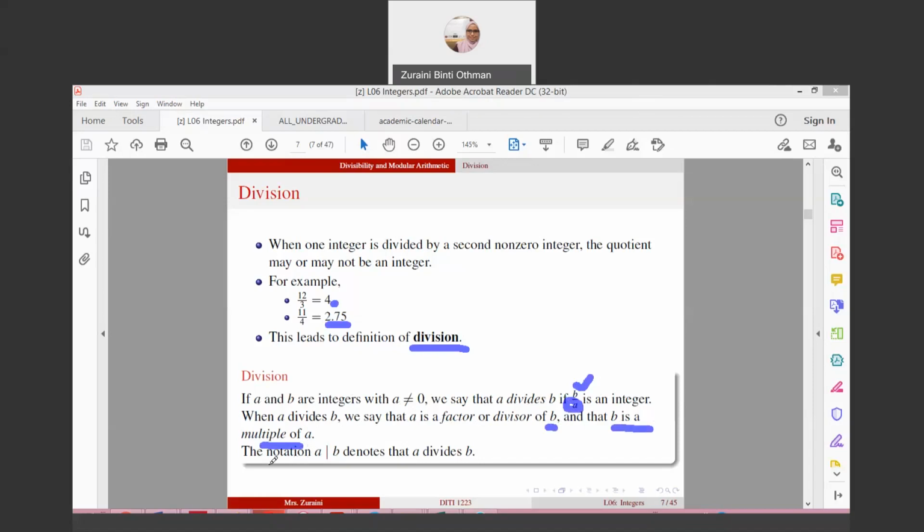The notation a | b denotes that a divides b. It is not the same as a/b, it is not like that. So a | b means a divides b.